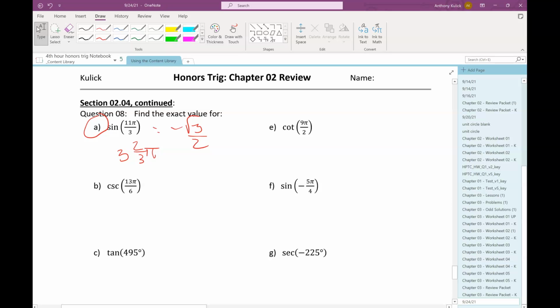And you got the 3 from taking it out of the 11? To turn this into a mixed number, I did long division. So that's 3 2/3, just like we did in elementary school. Okay, thank you.